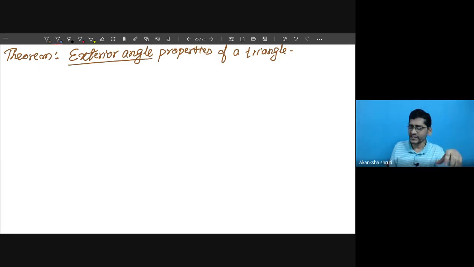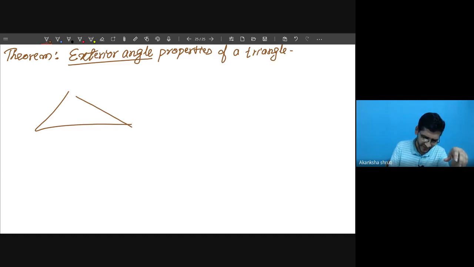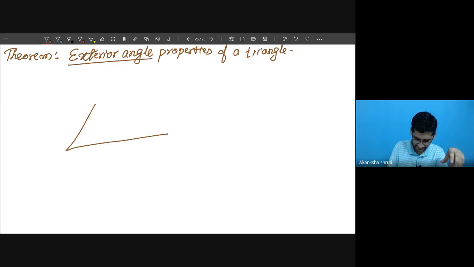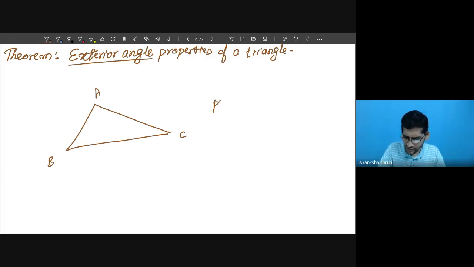But what is this exterior angle? Let us understand that one first. Student, let us consider a triangle ABC. So draw a triangle ABC. Now, student, any one of the vertex is produced.